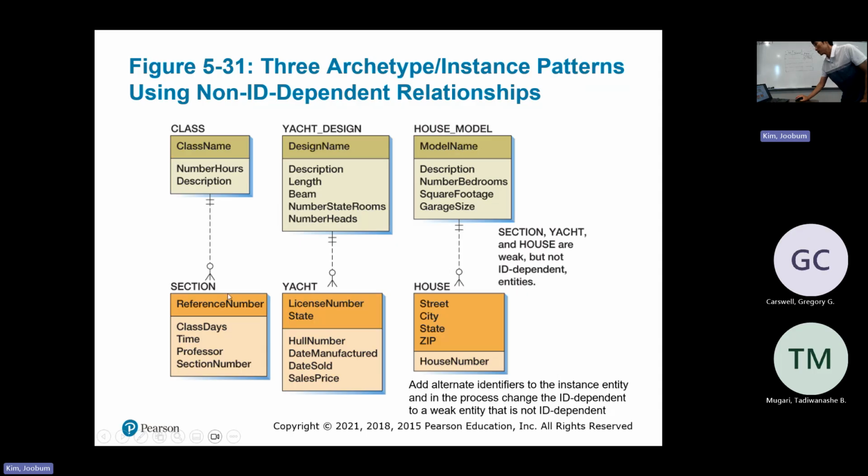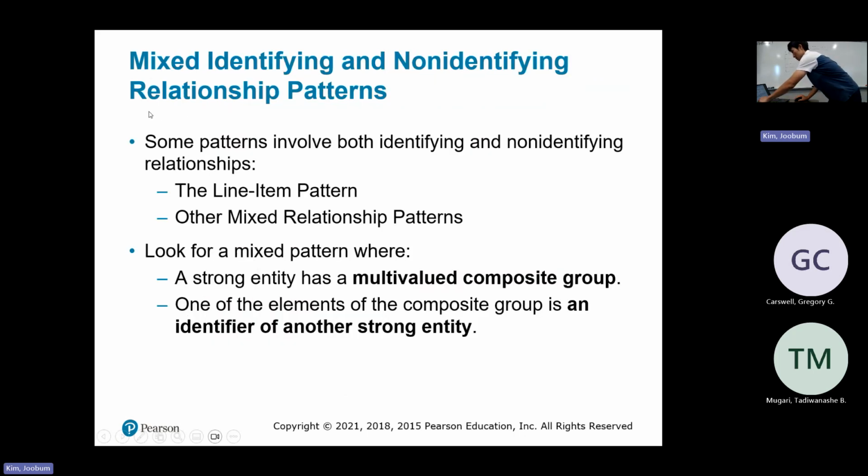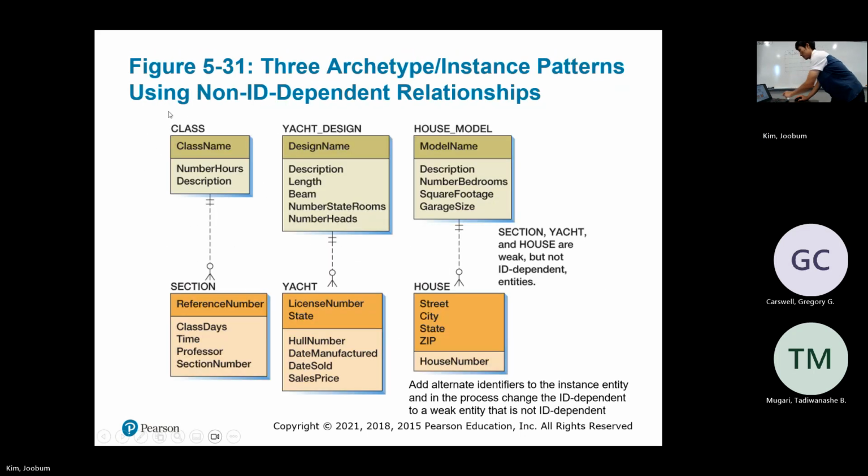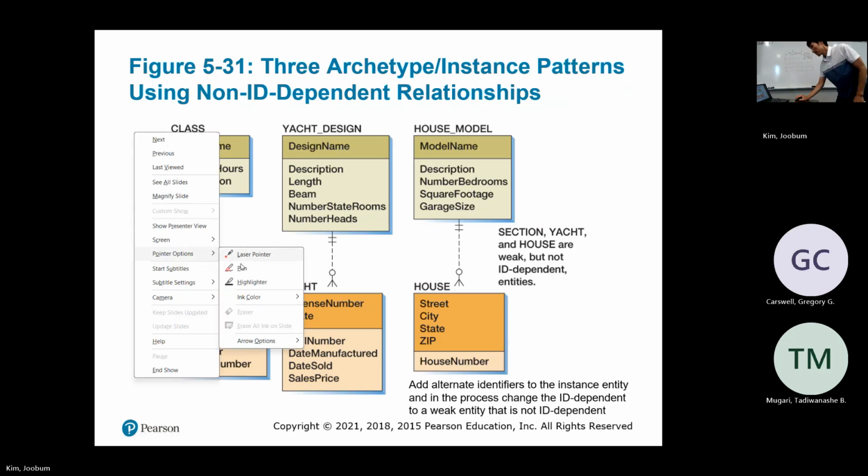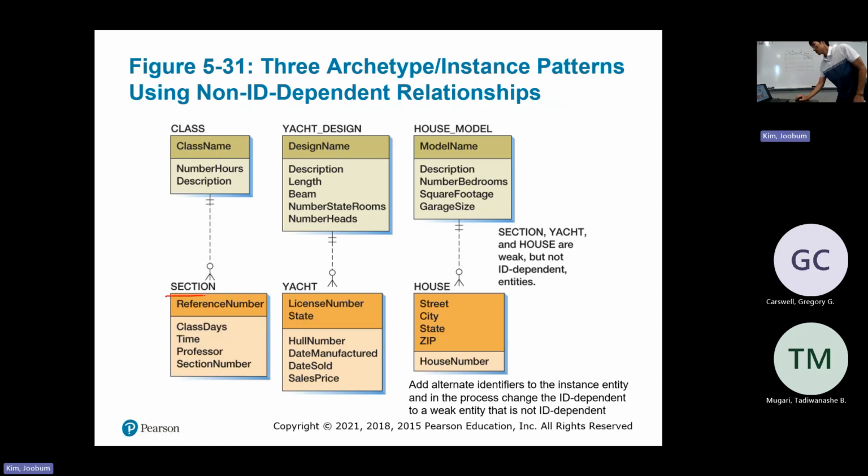Class and then section. CSCI 3245, we have multiple sections. Think about that: can a section exist without a class? Without the class entity, the section is meaningless.